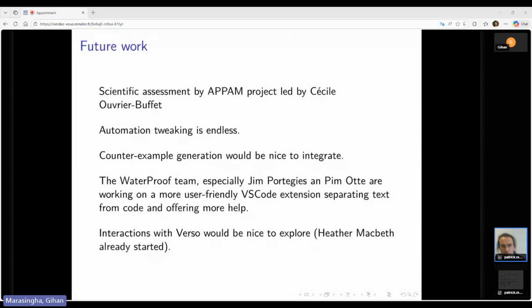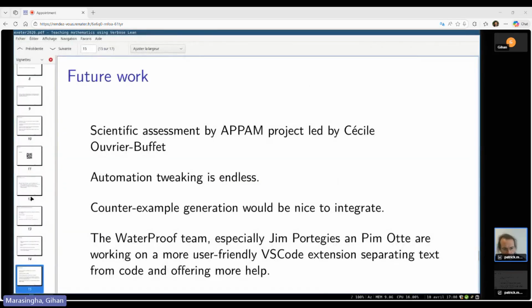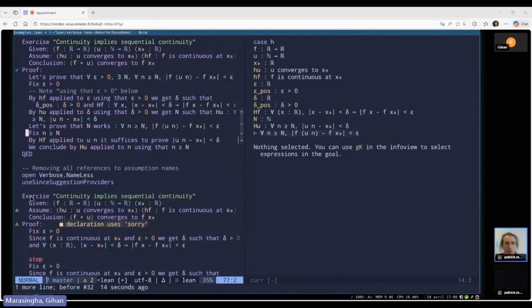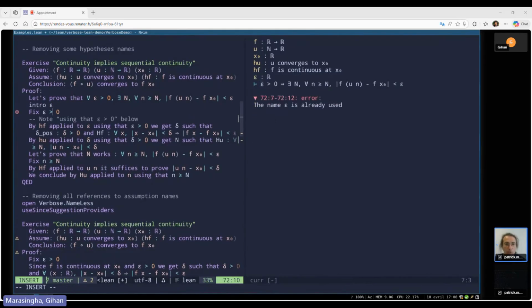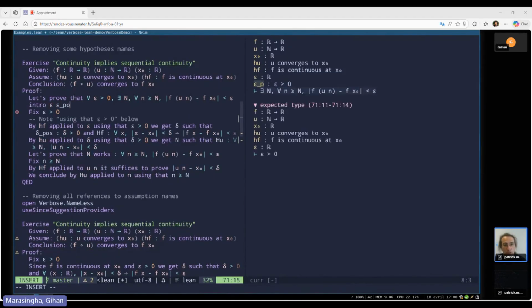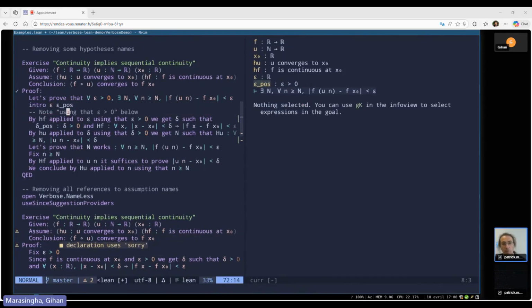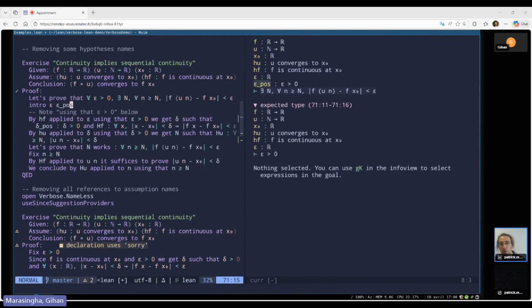I guess I'm still sharing my screen. If I write intro epsilon here, it just works, and now I have one line of ordinary tactics in the middle of my Verbose Lean proof.